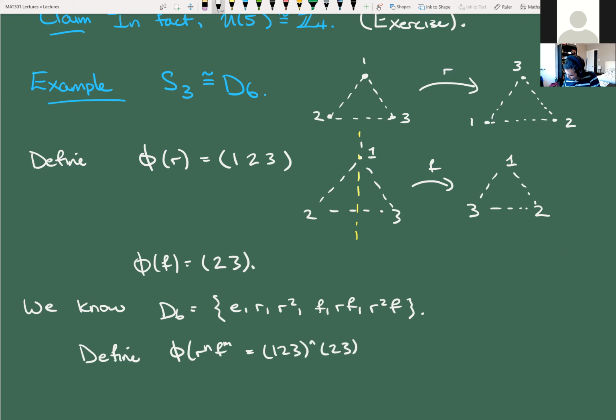Maybe I should give this a power m. And check that, yeah, this actually works. This generates all of S3 for you.